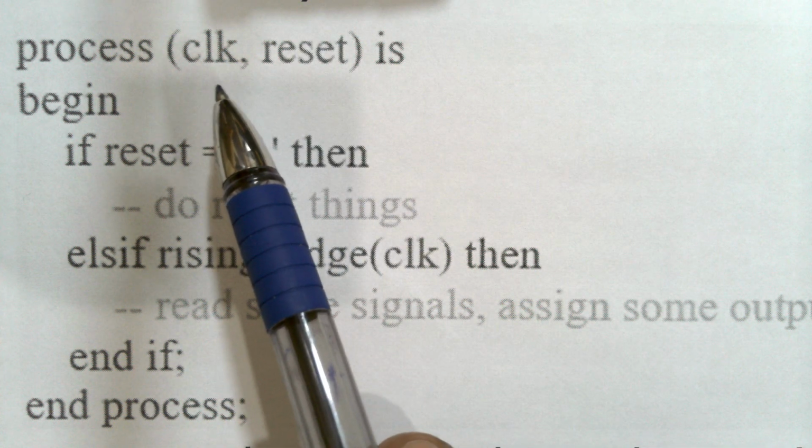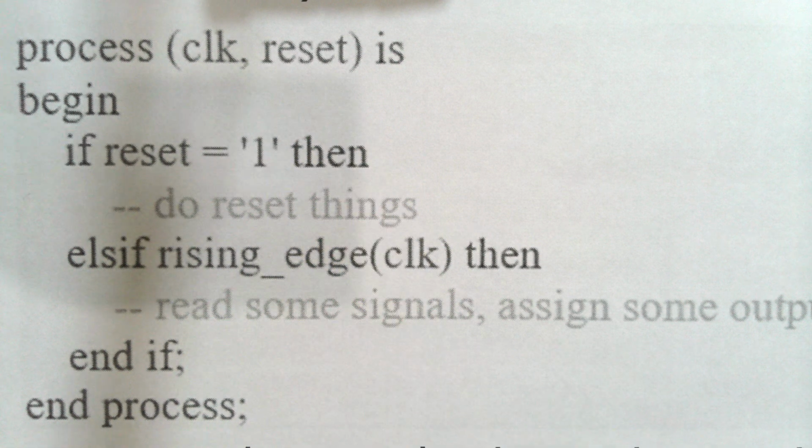So we have in the sensitivity list CLK and reset. The reason being is now that the reset is not synchronized with the clock, the reset signal must be in the sensitivity list because your process needs to check the value of the reset every time it changes, regardless of what the clock is doing.